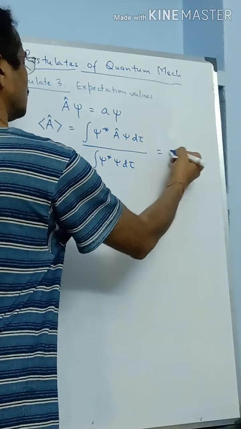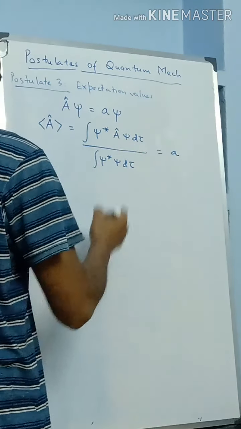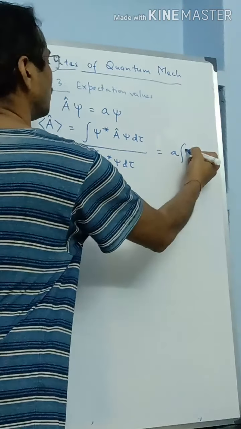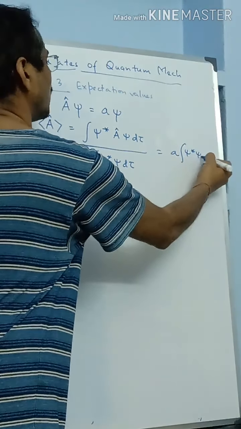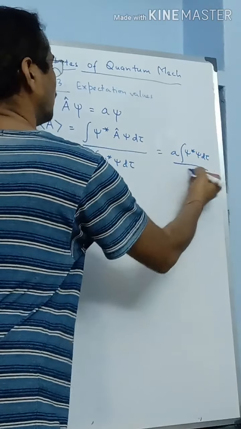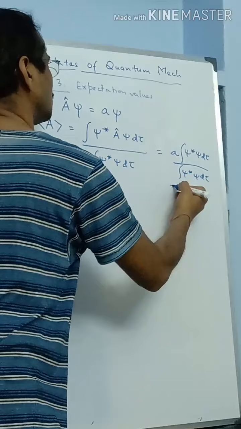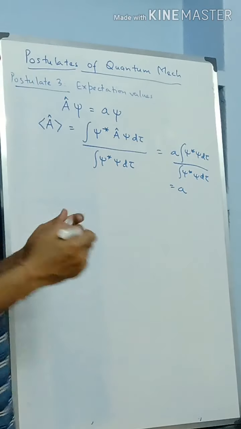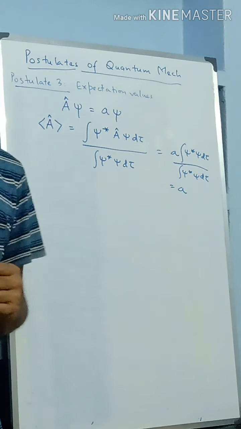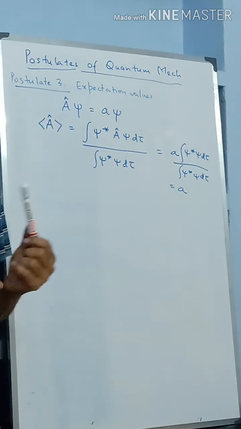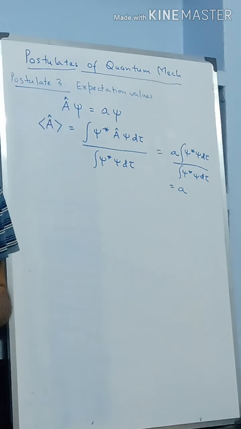So that is nothing but equal to A, because A operating on ψ is going to give you A of ψ*ψ dτ divided by ψ*ψ dτ, which is equal to A. So this is the statistical average value, mean value, or the expectation value corresponding to the operator A, which corresponds to a particular physical variable.